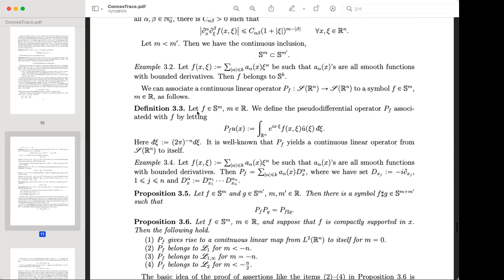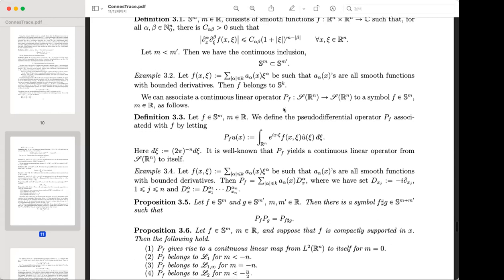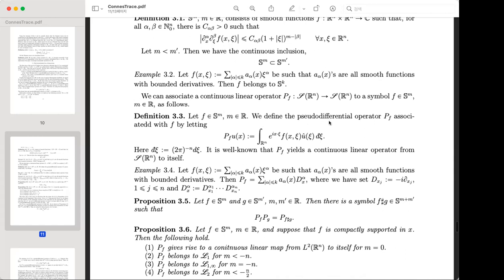So let f be a symbol of degree m. Following this definition, we define the pseudo differential operator P_f associated with the symbol f by this formula.